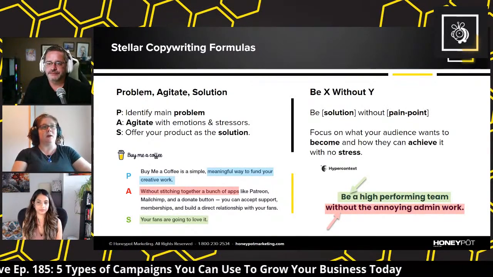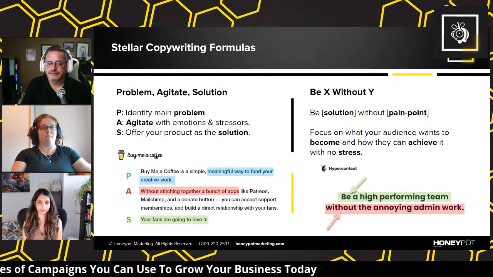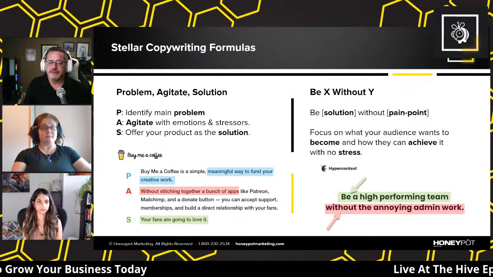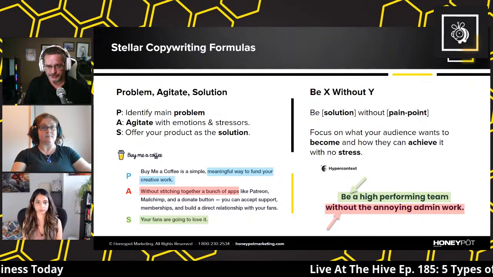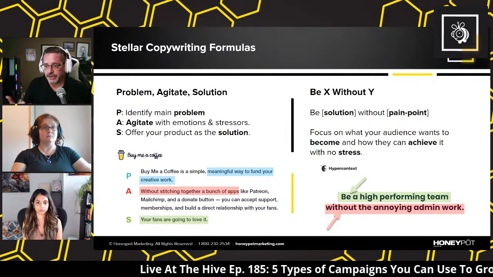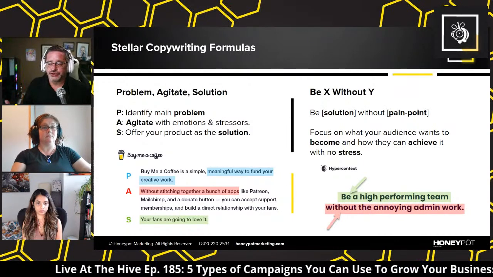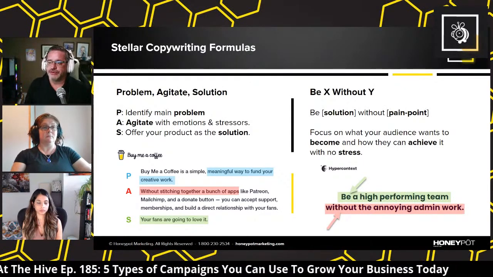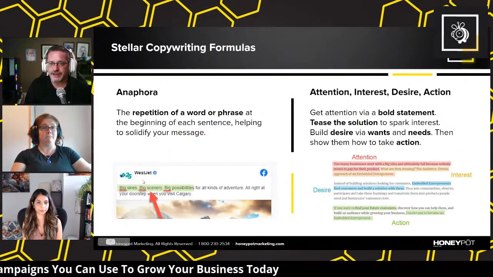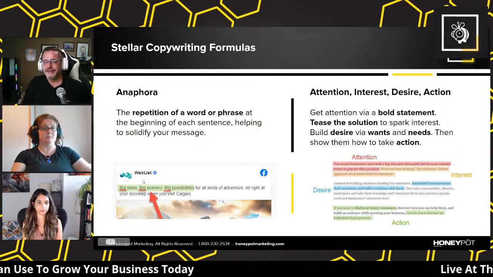So you want to offer that problem or that pain point. You can write it out the way this example is, which is PAS: problem, agitation, solution, and create a few variations. You should always be doing this in your marketing and advertising copywriting. 100%.